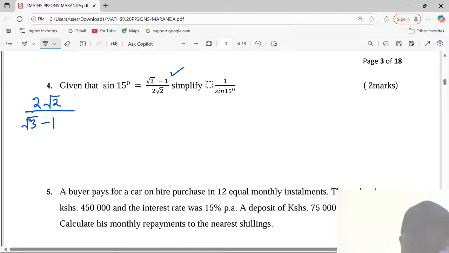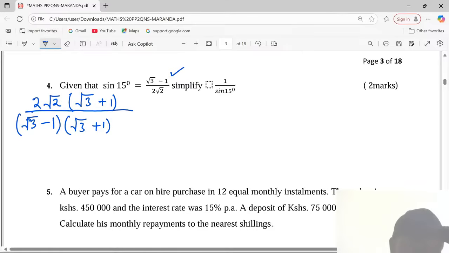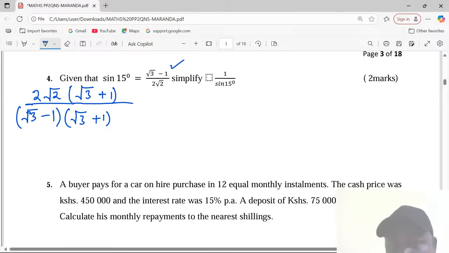If that is what we are simplifying, then we need to rationalize the denominator by multiplying it by the conjugate. And we also do the same on the upper side. We multiply the denominator by its conjugate and also the numerator by the conjugate of the denominator. From the numerator now we can expand. 2 root 2 multiplied by root 3 becomes 2 root 6, plus 2 root 2.